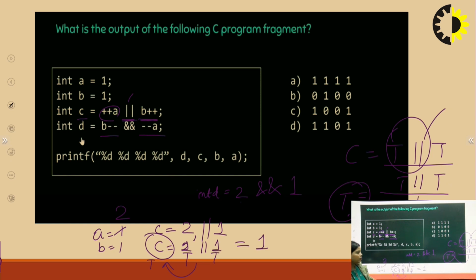Both are positive values. 2 is also positive, that is true, and 1 is also positive, true, and then logical AND. So what will D receive? True. So the value of D will also be 1, that is true.